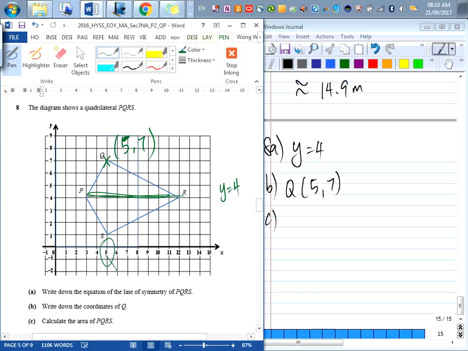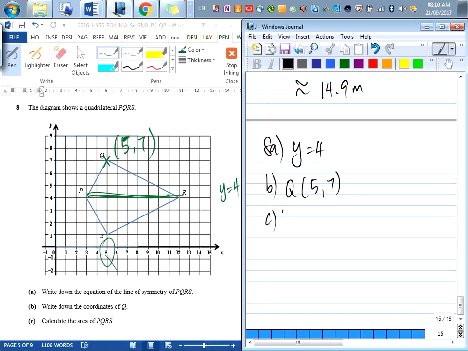So how do I find the area of one triangle? Count the units like you did in primary school. Because the area is 2 times the area of PQR. PQR meaning a triangle. Okay, so now how to find the area of PQR?